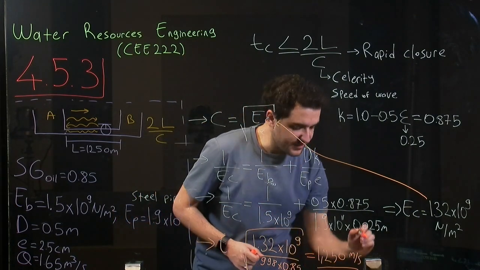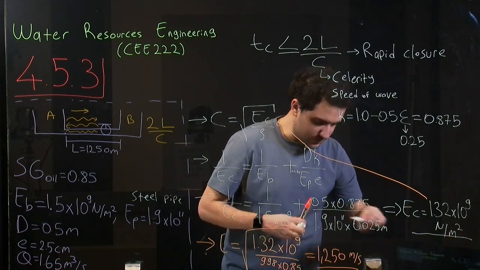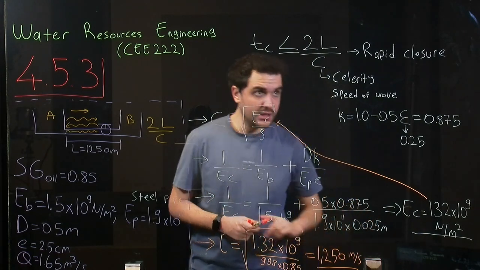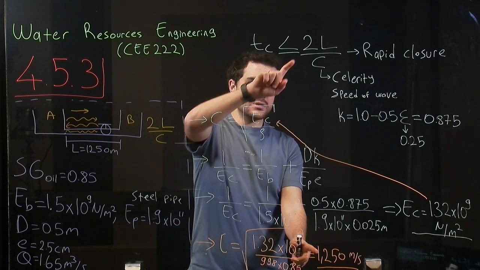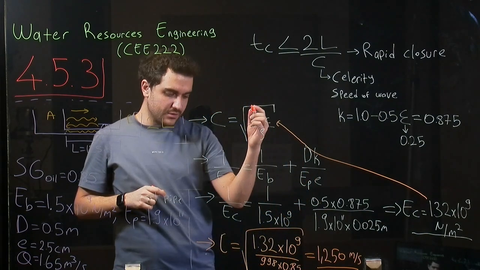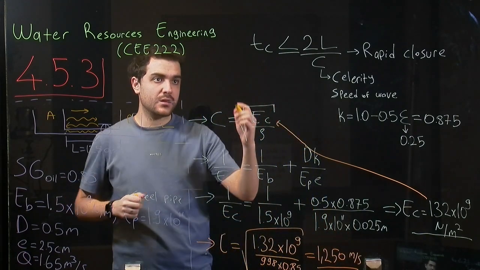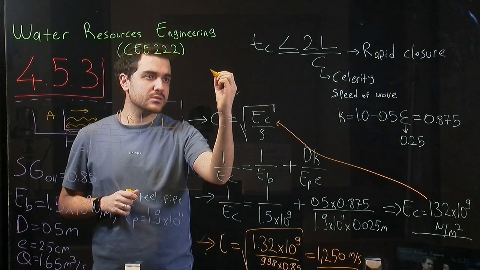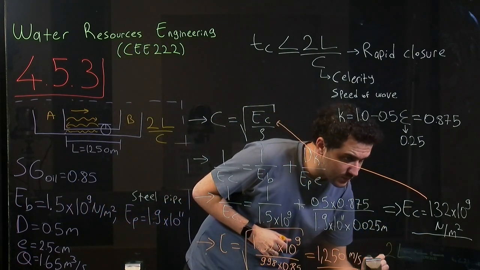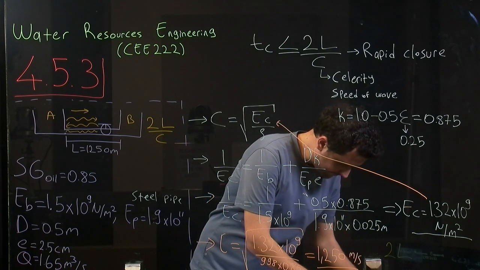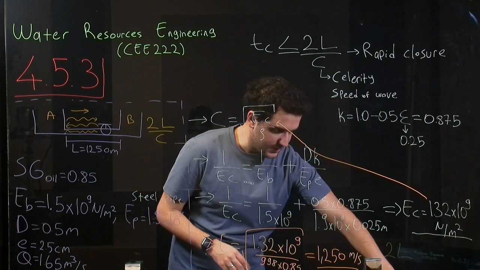So we found C and we found EC earlier. So now we are just going to use this value here. So let me use another color. So here, let me continue with that.